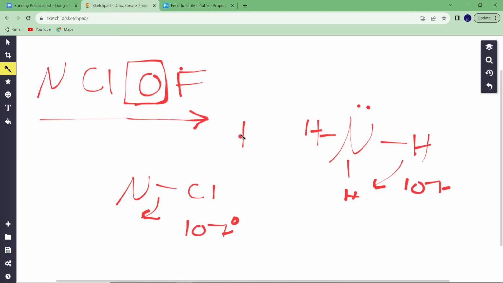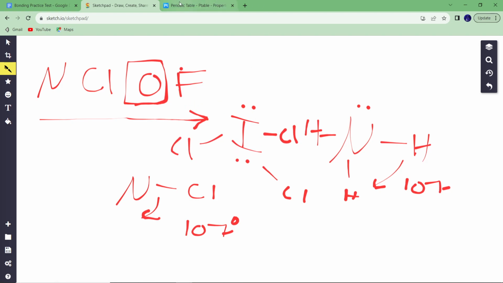And iodine is essentially still going to have the chlorines, but we're going to have more of those electrons on there, okay?